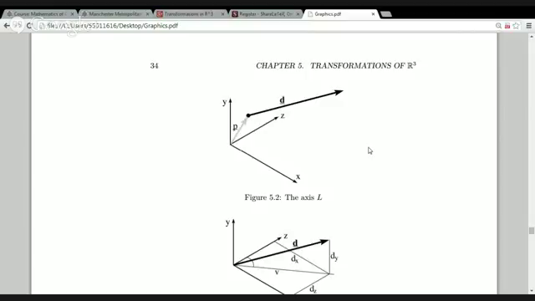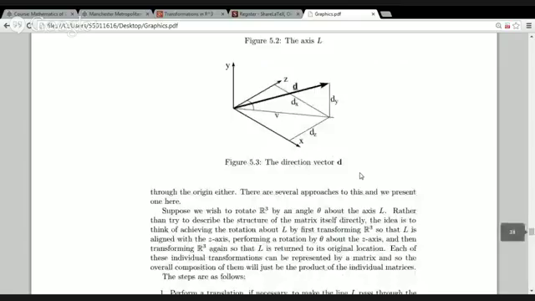So you translate everything, all the objects in the space, so that you draw the axis of rotation back to the origin. That can be achieved by translating everything by minus p, as you can see there. So now we're talking about rotating about a line which goes through the origin.